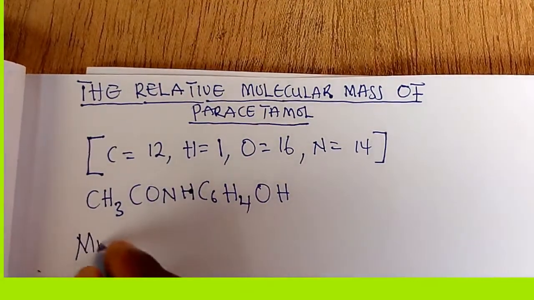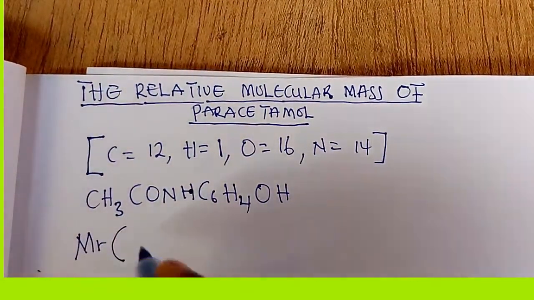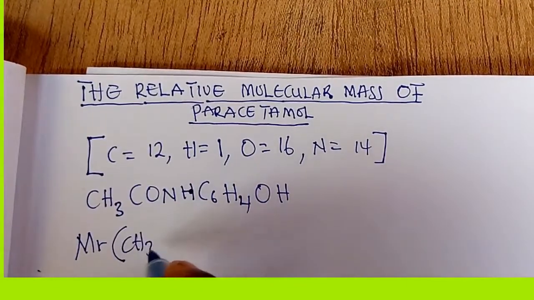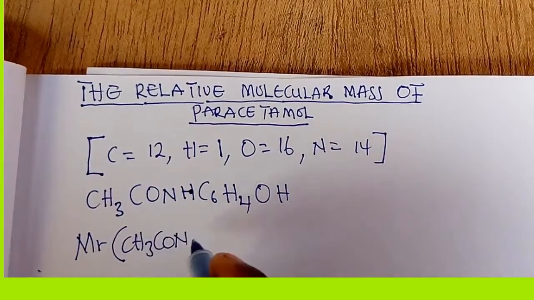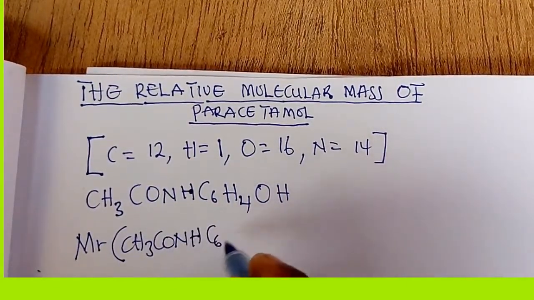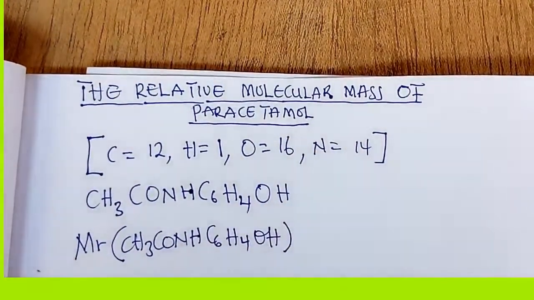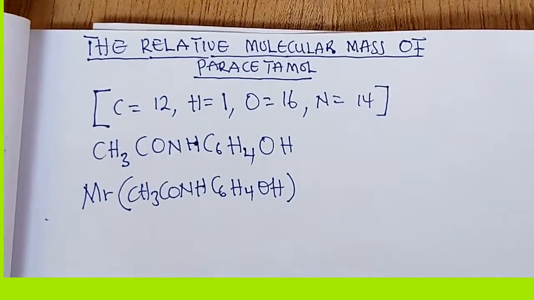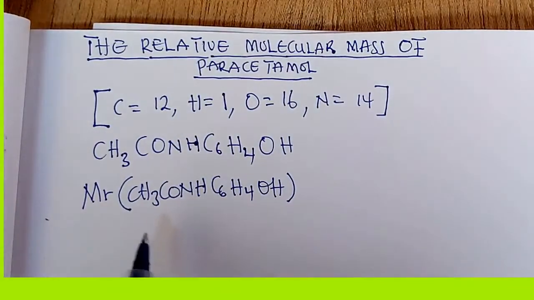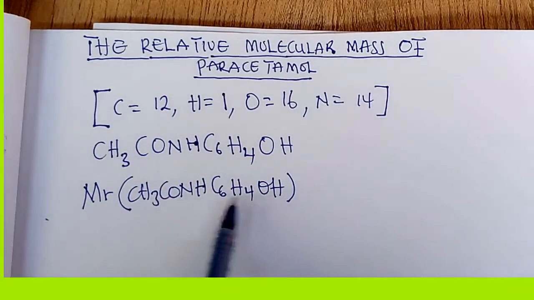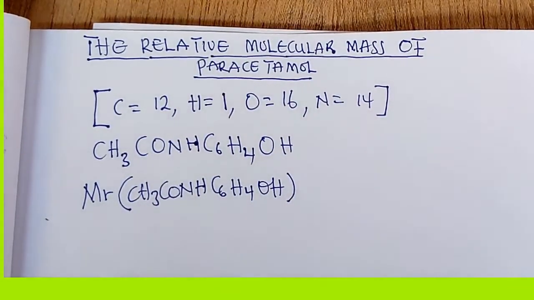The relative molecular mass of the compound, so let's write the compound again. Okay, this is the compound. And then what do we need to do next? Let's break this down and reduce this chemical formula.